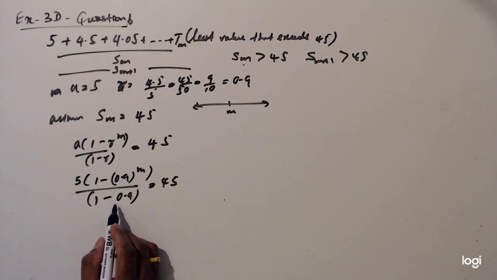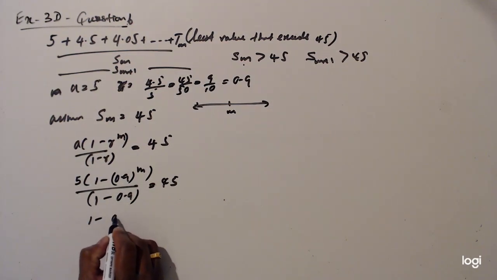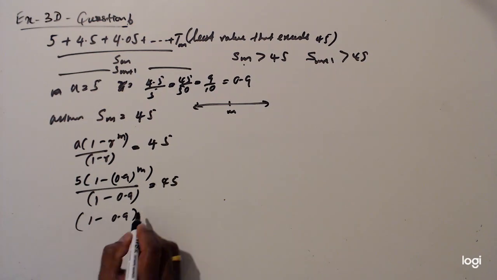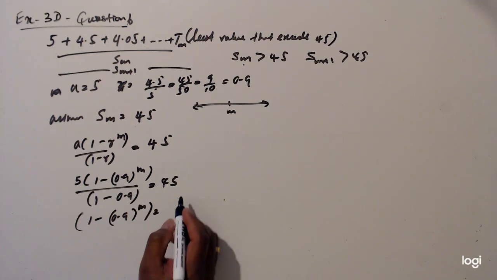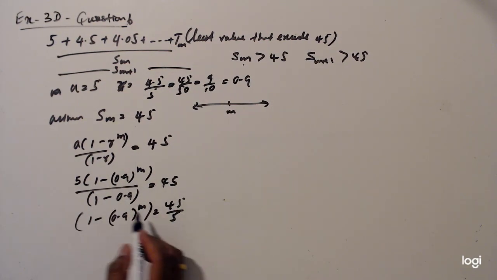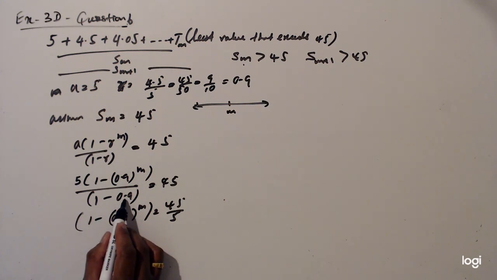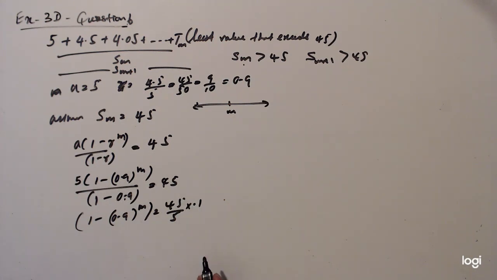So this is going to be 1 minus 0.9, 45 divided by 5, this cross multiply. This is 1 minus 0.9, that is 0.1. So we'll multiply by 0.1. So this is going to be 1 minus 0.9 to the power m.